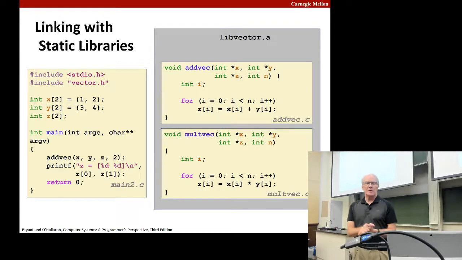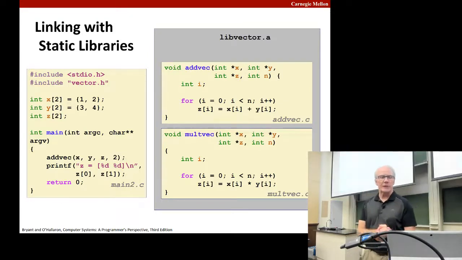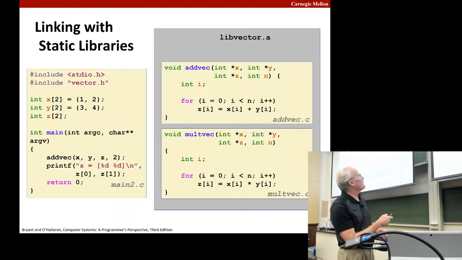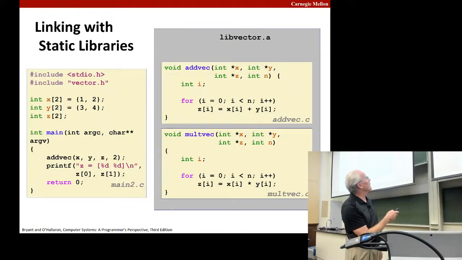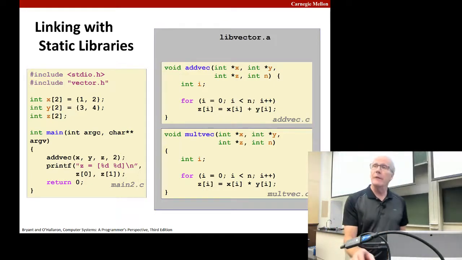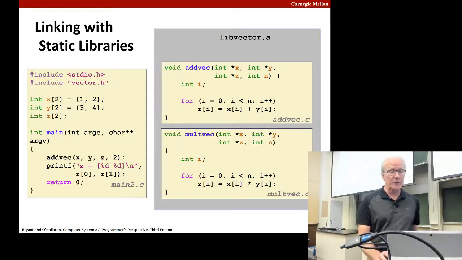I can create an archive file called libvector.a, and then within some file that makes use of these, just like you would use printf, I can call a function called addvec, which I've defined in this .h file called vector.h. And then I can have built up this whole library of functions and ask the compiler to link those in.